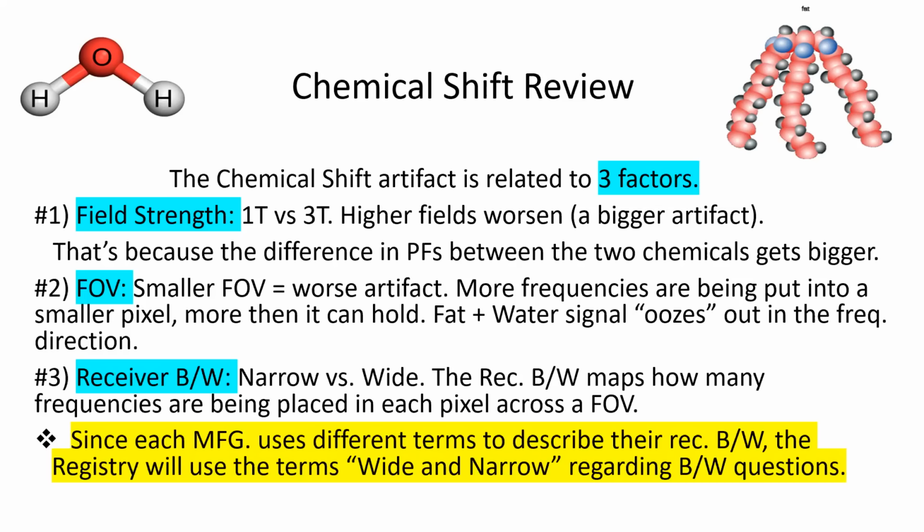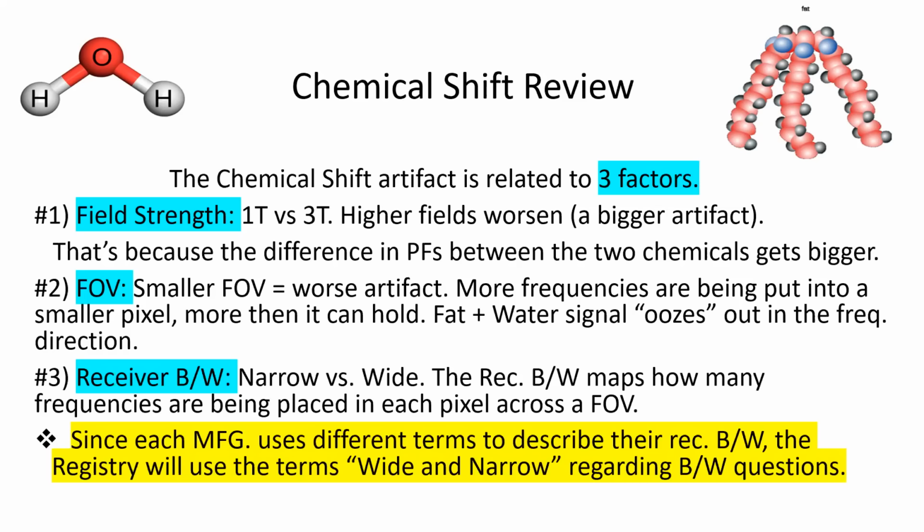Your field of view. If you have a small field of view, the artifact is going to get worse because you're trying to put more frequencies into a pixel. A pixel can only hold so many frequencies. Okay, so it's the 5-pound, 10-pound bag thing.